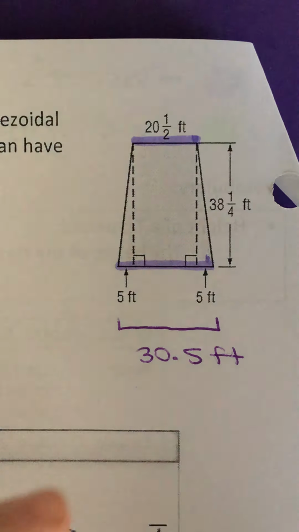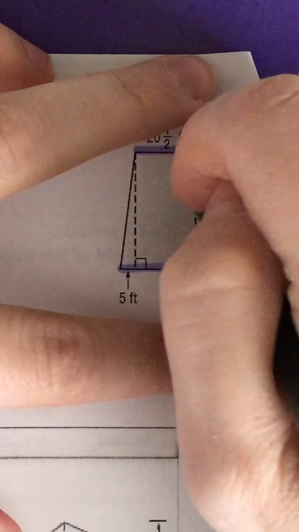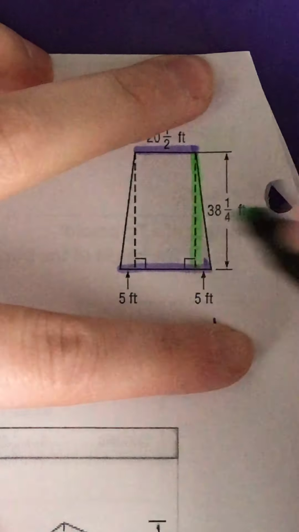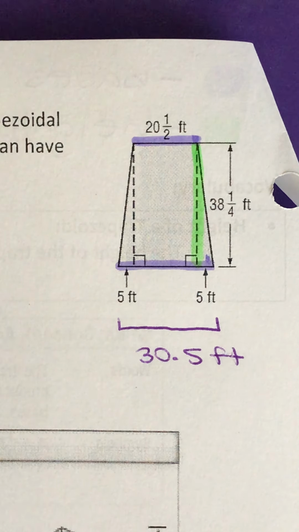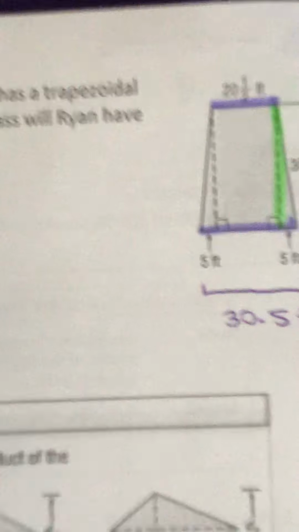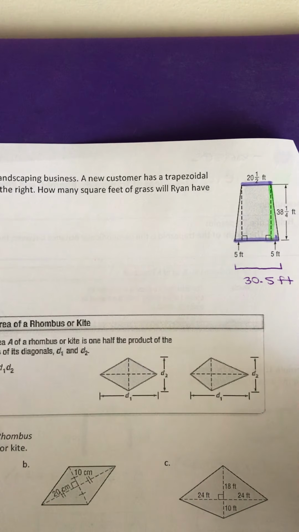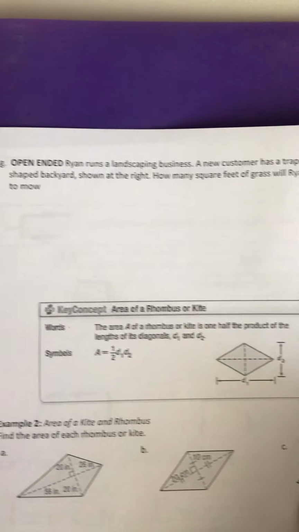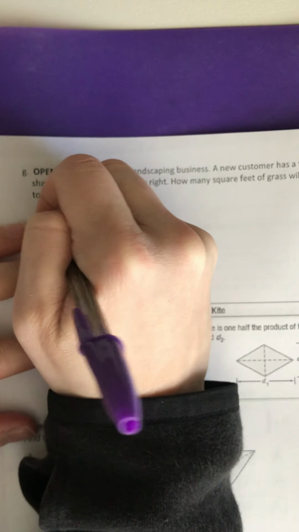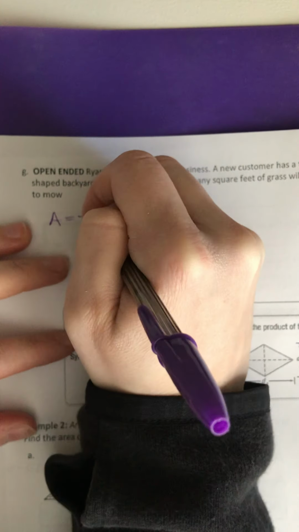And then my height is given right here as 38 1/4 or 38.25. Decimals are easier to work with. So my area equals 1/2.